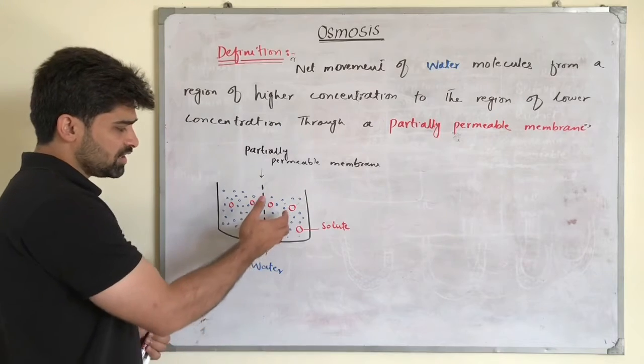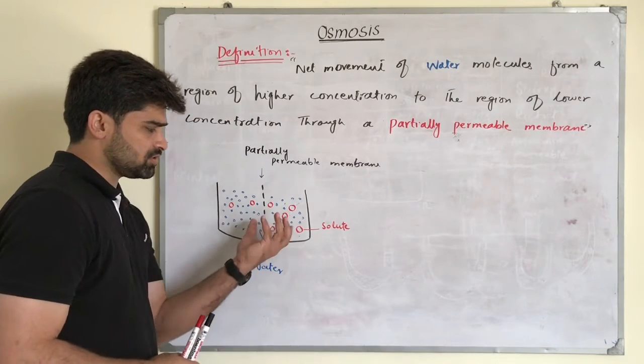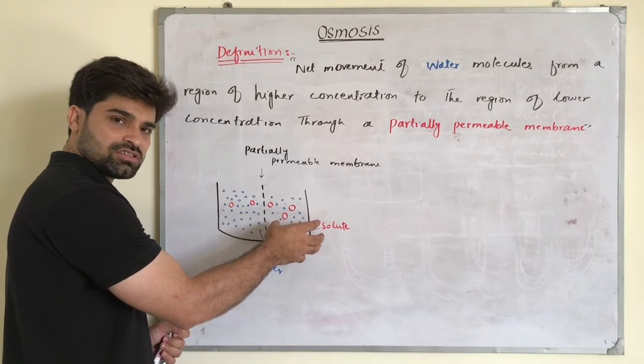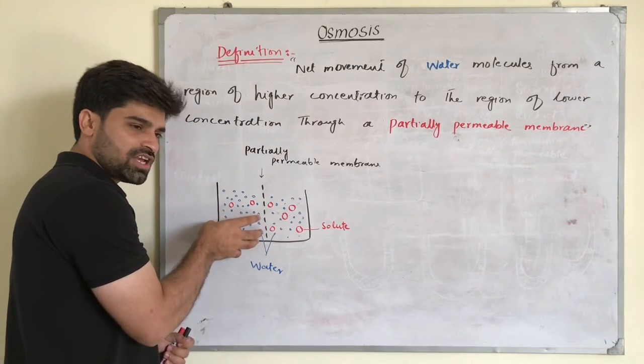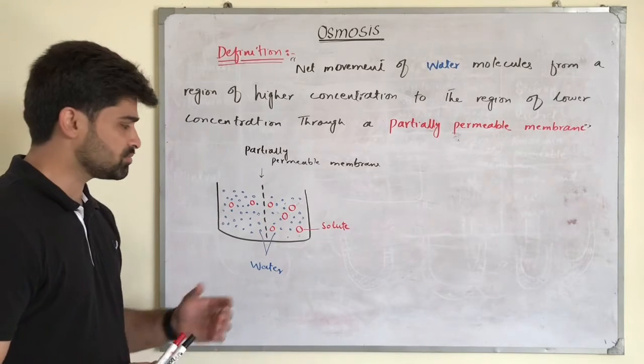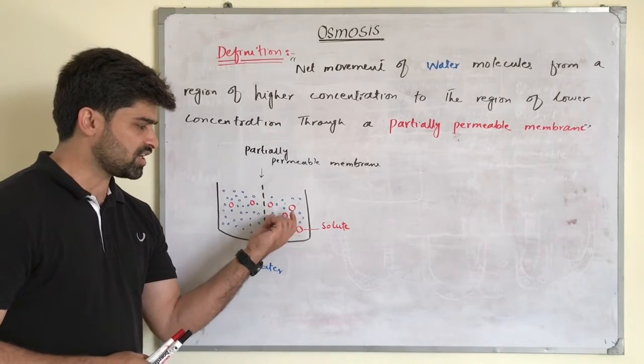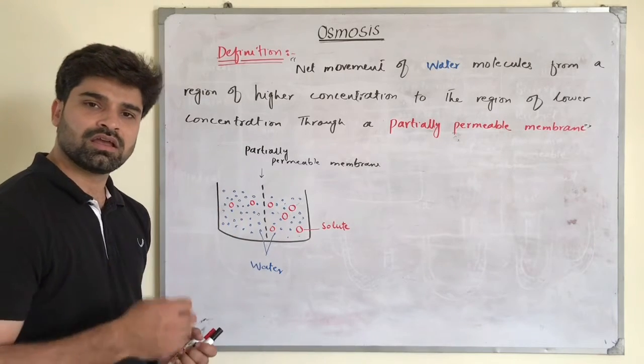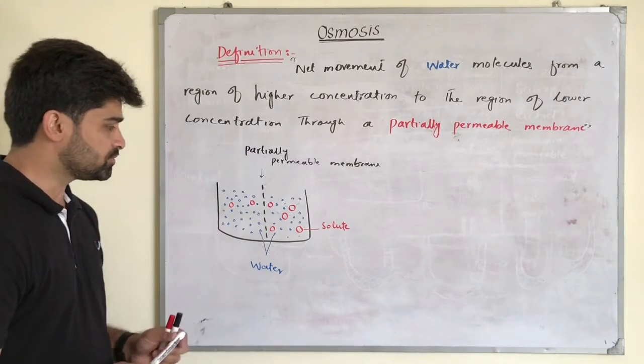So they have different concentrations. The right side has a different concentration and the left side has a different concentration, because the right side has more solute in it and the left side has less solute in it.